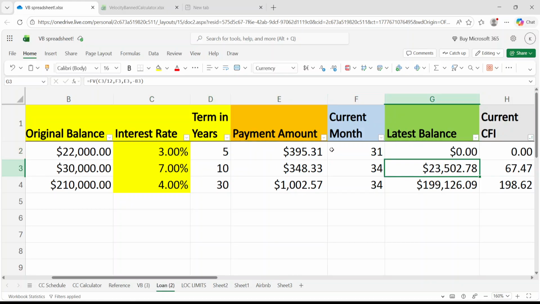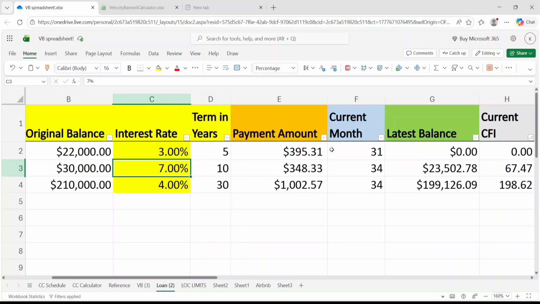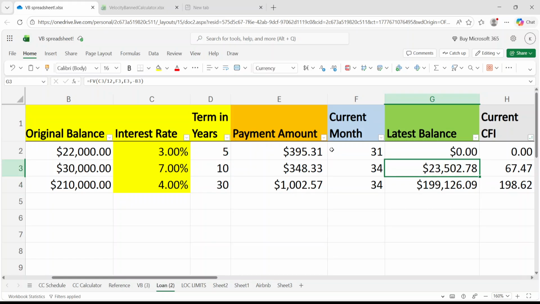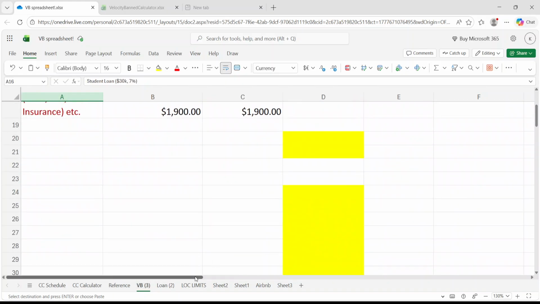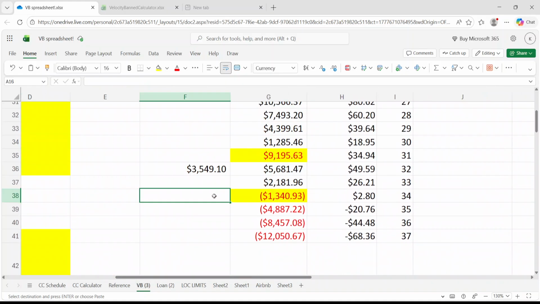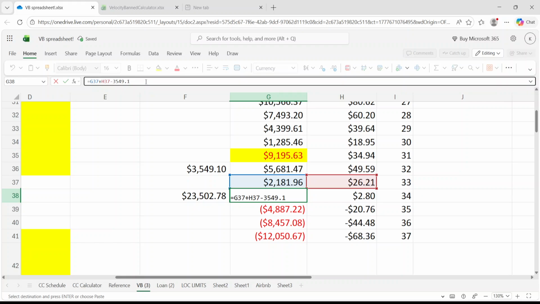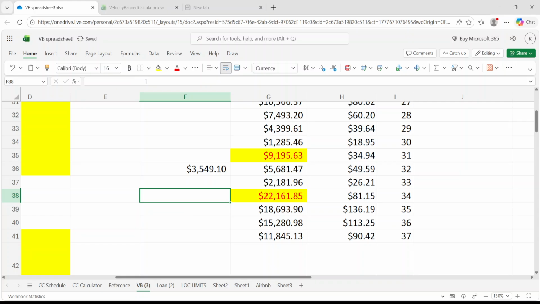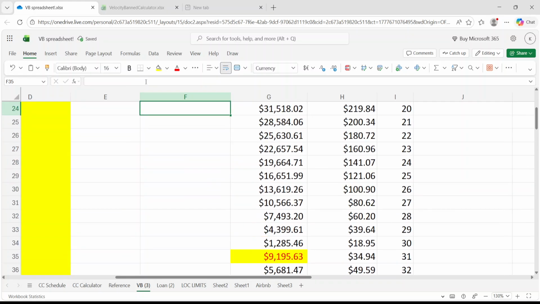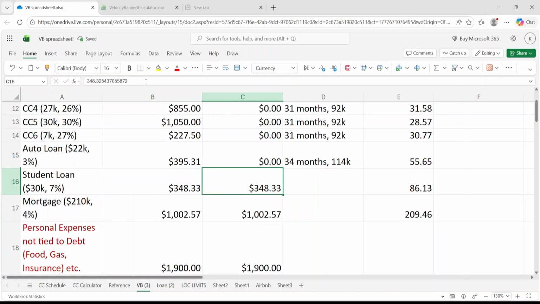Now, for this one, I'm going to be a little bit lazy and just move this 7% loan into an 8% line of credit, but we definitely don't want to do that in a 30-year mortgage, and I'll show you why. So I'm going to move this student loan into a line of credit, right? And then plus 23502.78. And then, all right, so now this is going to be 0.